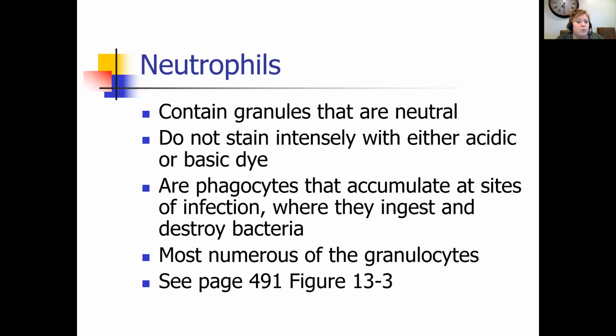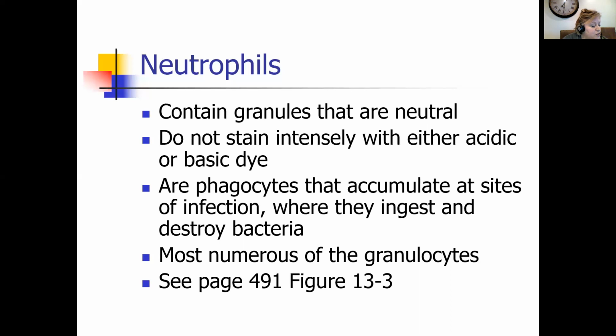And if you turn your book ahead a couple of pages to page 508, it breaks down the percentage of these granulocytes for us. The basophils are only 0 to 1%, and those are the ones that respond to allergens, histamine, and heparin. So they're very rare. Eosinophils are 1 to 4%, and again, they're involved in parasitic infections and allergic reactions, and they are a phagocyte.